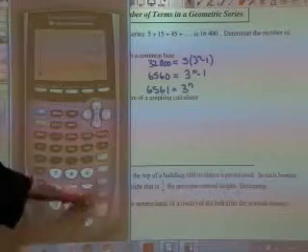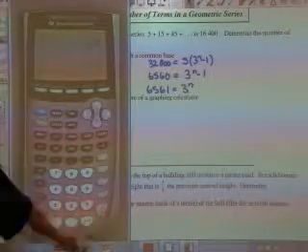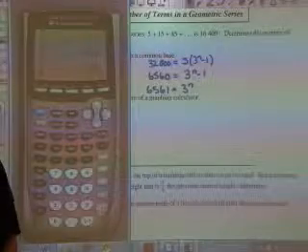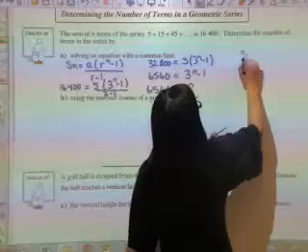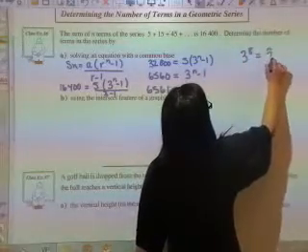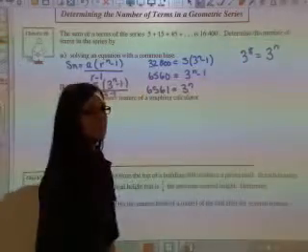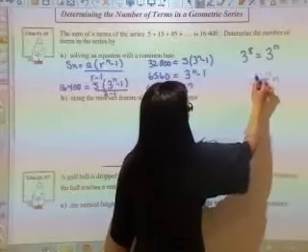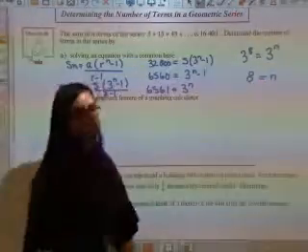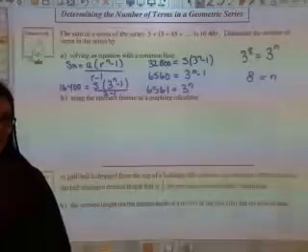It's not 7. 3 to the power of 8. So I get 3 to the power of 8 equals 3 to the power of n. And from there, if these are equal, it implies that n has to be equal to 8. So there are 8 terms.